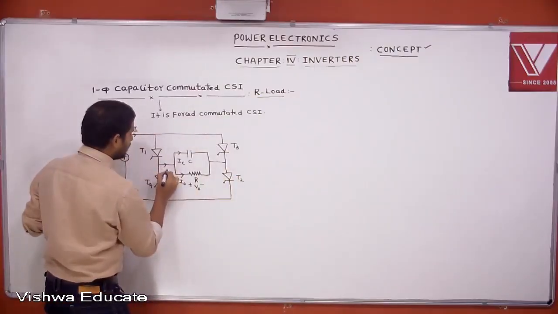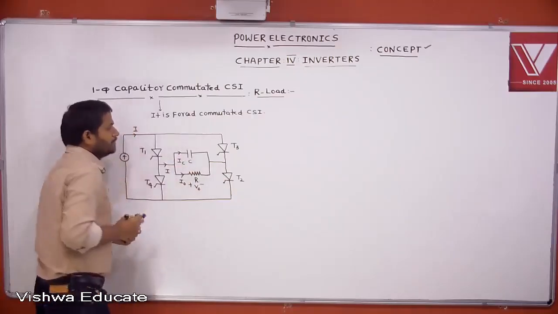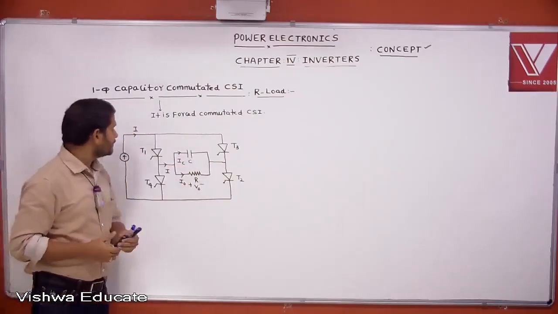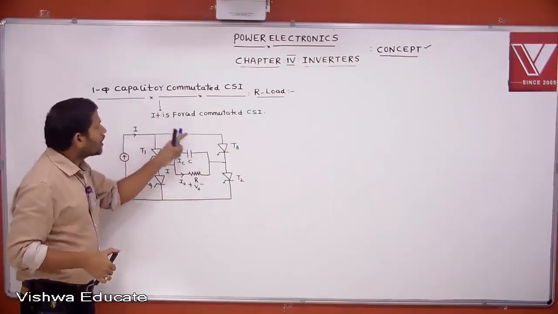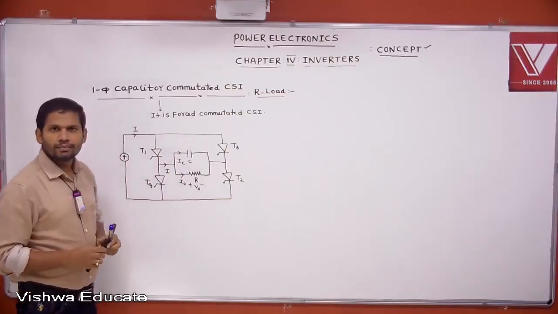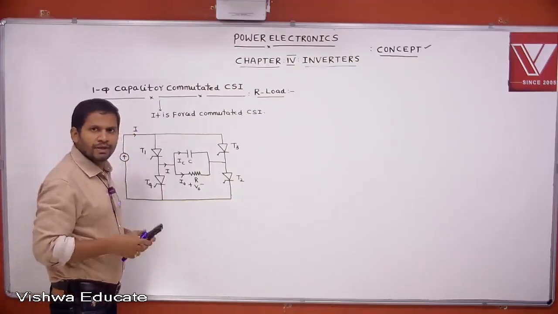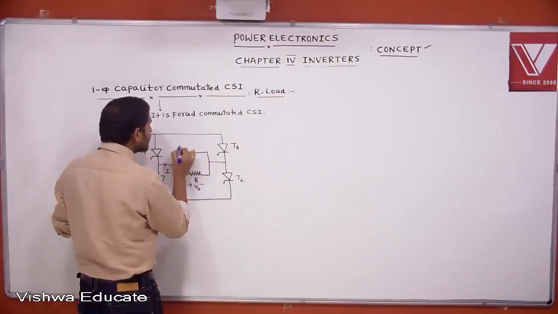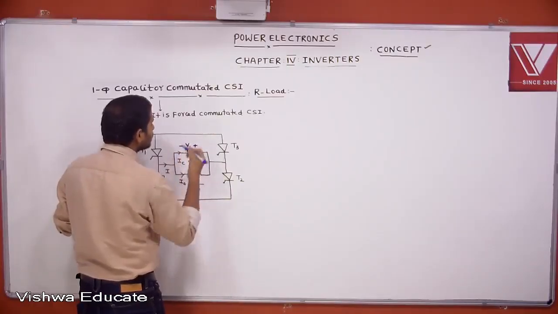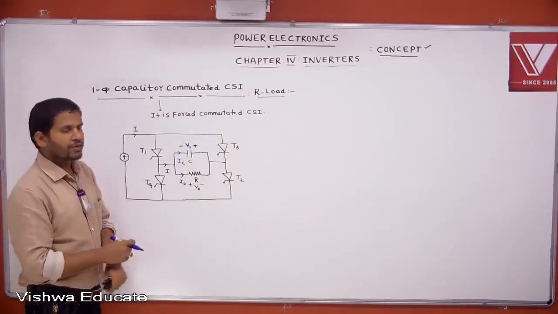And this current is I. This is IC. This is the circuit we are using for the forced commutated current source inverter. Let's assume, with this assumption only we are explaining this concept, that the initial voltage across the capacitor is minus plus V1.